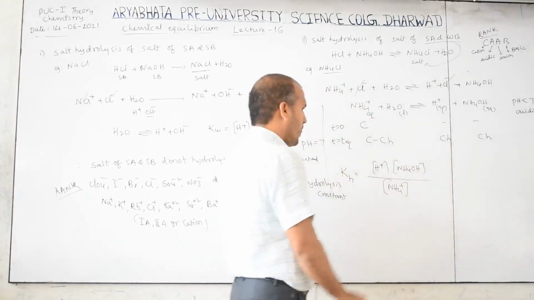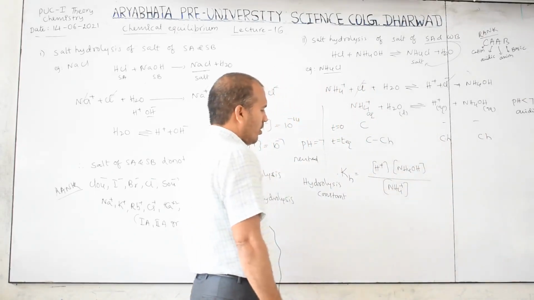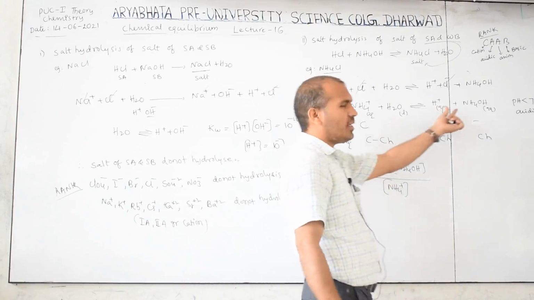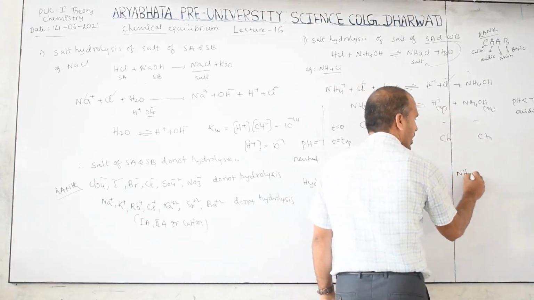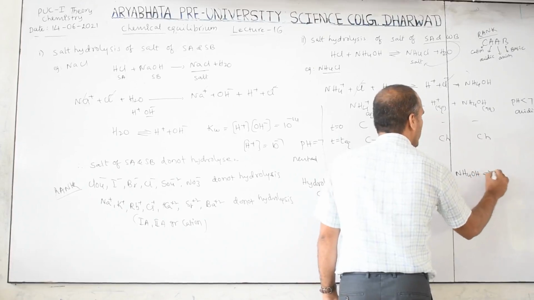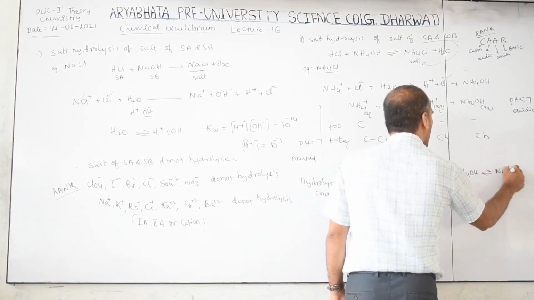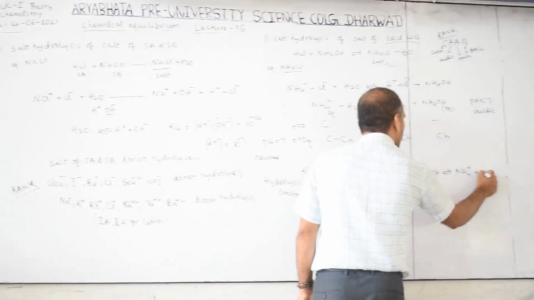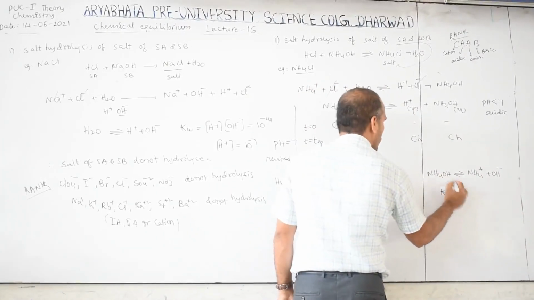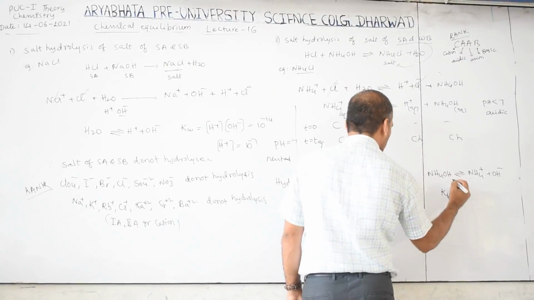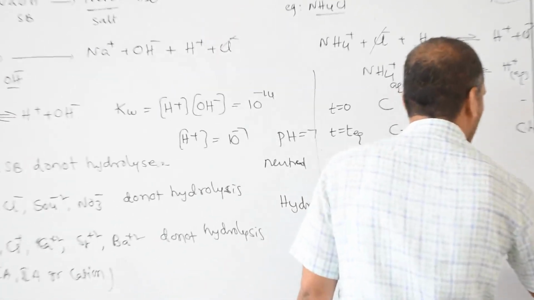So now we know that a weak base is there. So this weak base NH4OH is ionized into NH4+ and OH-. Therefore, how do we write Kb?